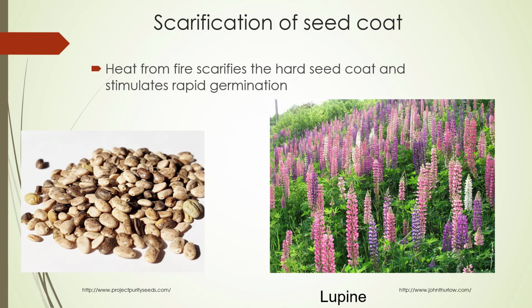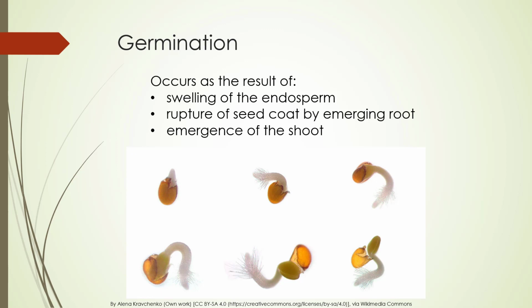And then some plants need heat, and in this case, naturally occurring lupin is scarified during a fire, and that stimulates rapid germination. So germination occurs as the result of the swelling of the endosperm, the rupture of the seed coat by the emerging root, and the emergence of the shoot.